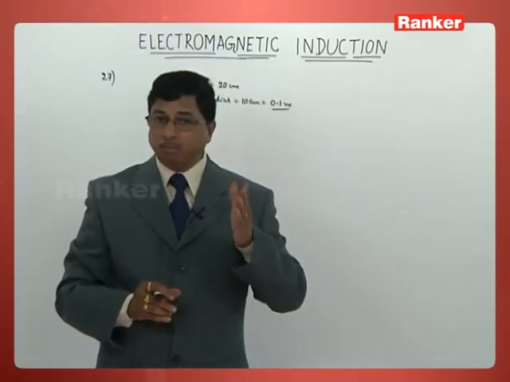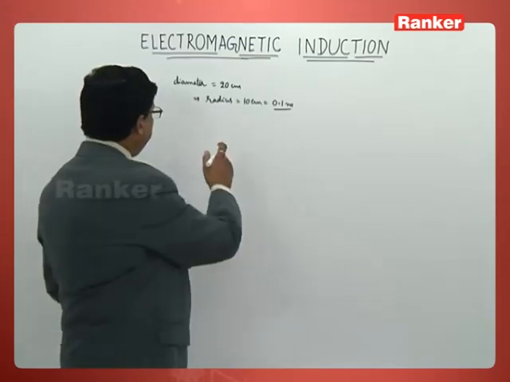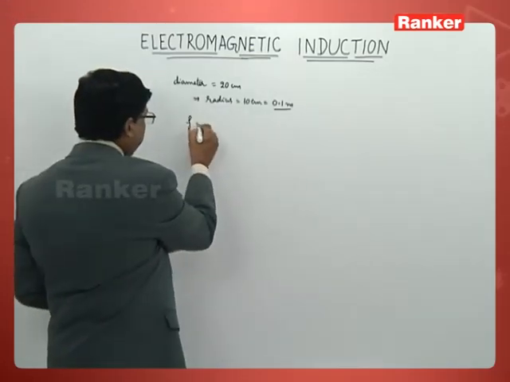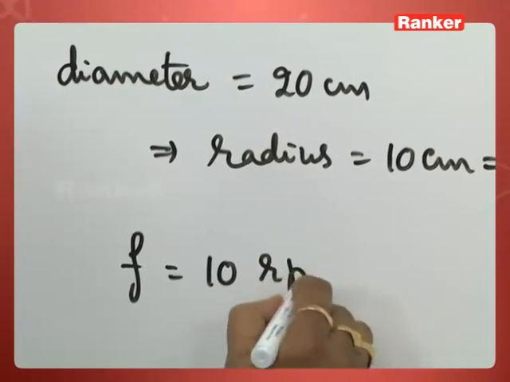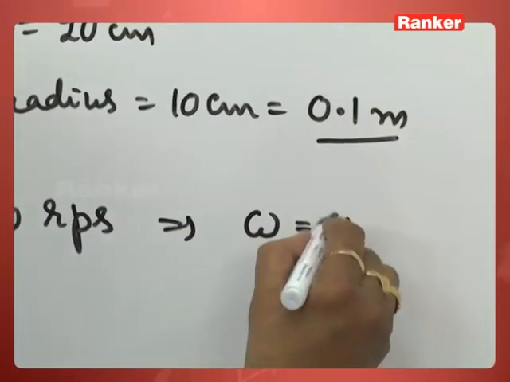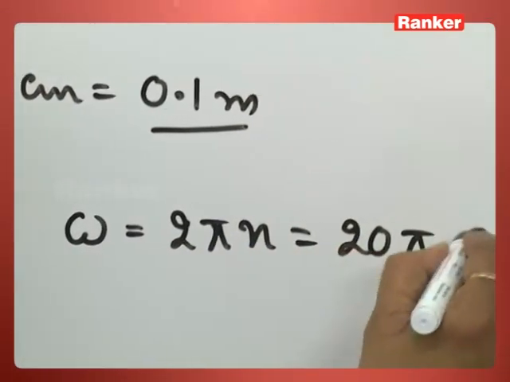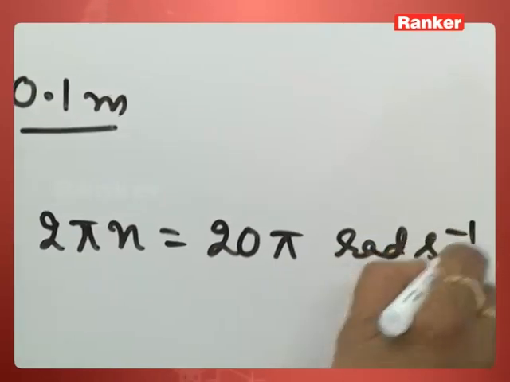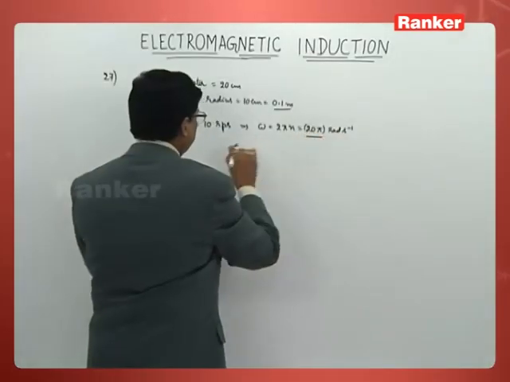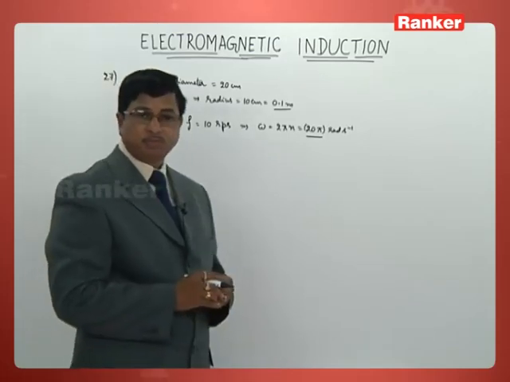And of course it is making 10 RPS, he said. So linear frequency over here is 10 RPS. That implies its angular frequency, if needed, you can write 2 pi n, which now will be 20 pi radian per second. If needed, we can use this value also.